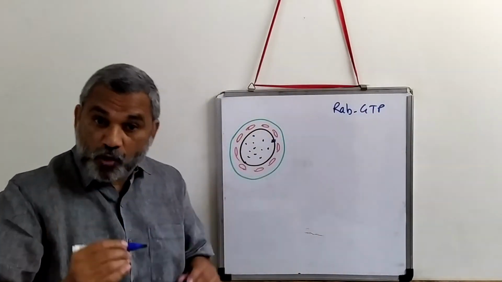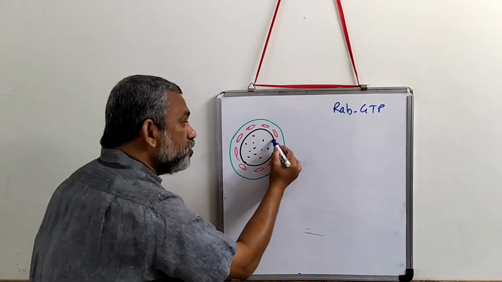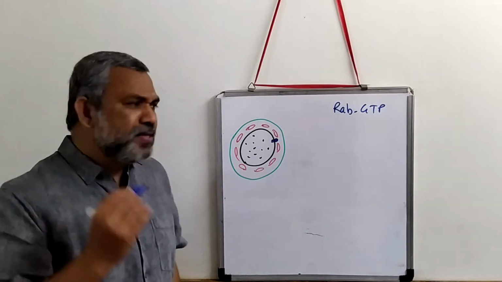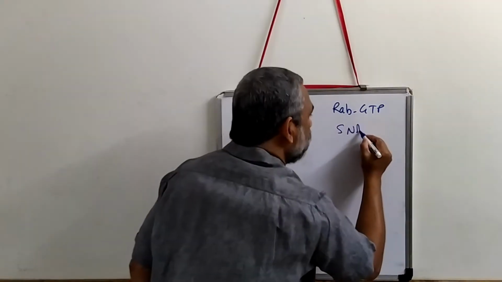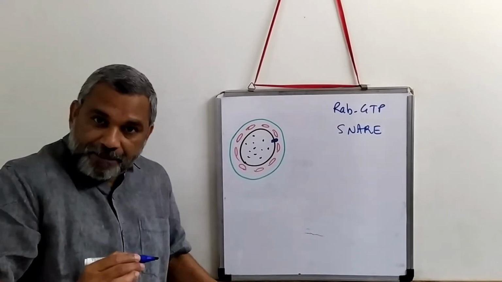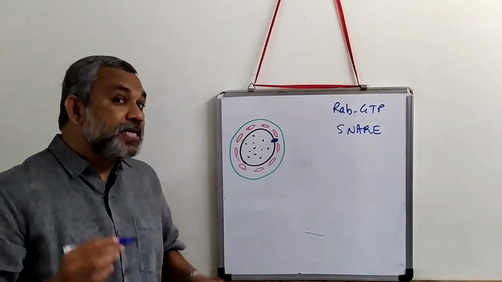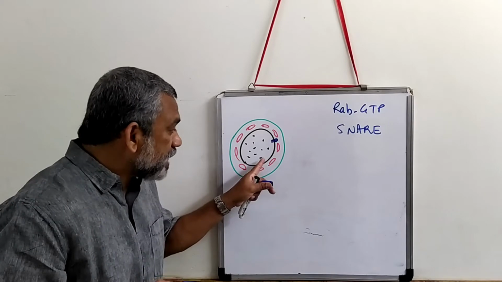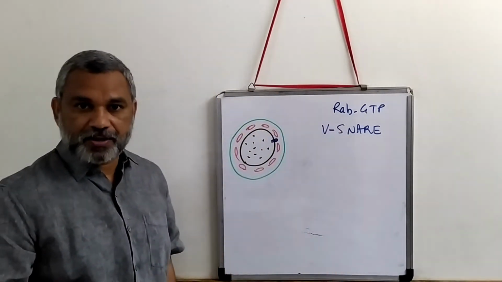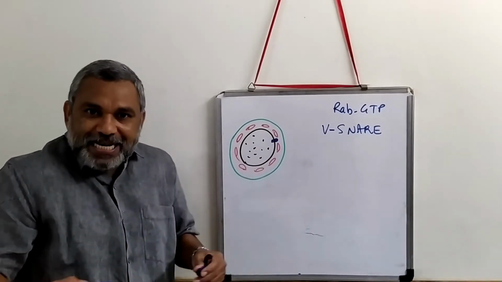It has an important role. RAB GTP is one of the proteins that will get associated with this vesicle. Another protein is called a SNARE protein. We will be looking at the SNARE protein elaborately a little later. Since it is associated with the vesicle, we call it V-SNARE protein. So now the protein in the vesicle is ready.